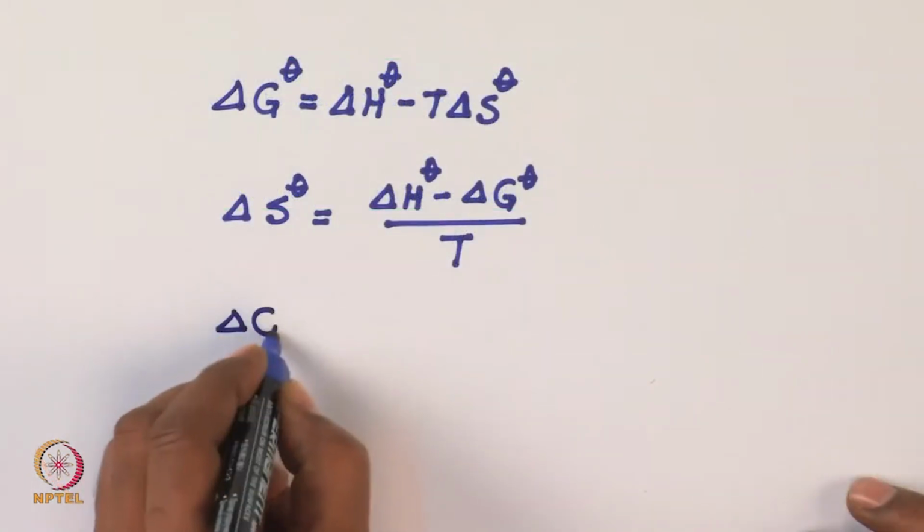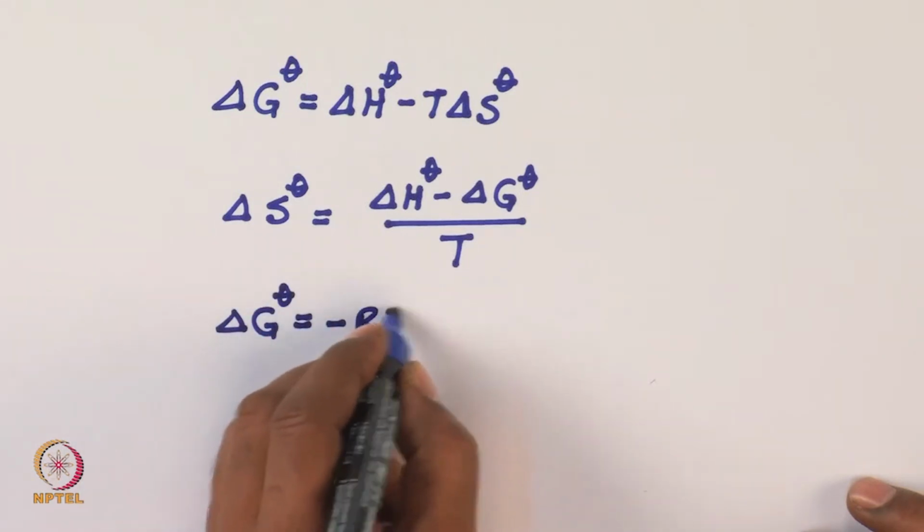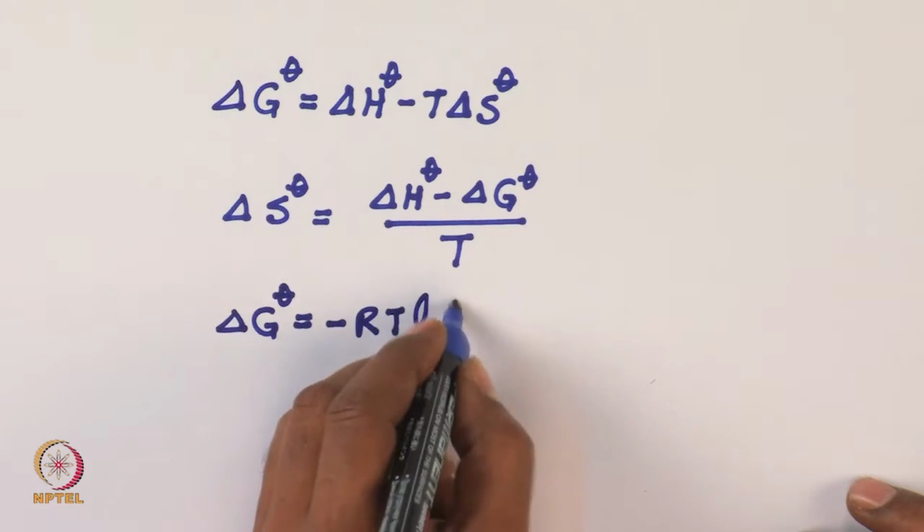Delta G naught can be calculated from minus R T log K.